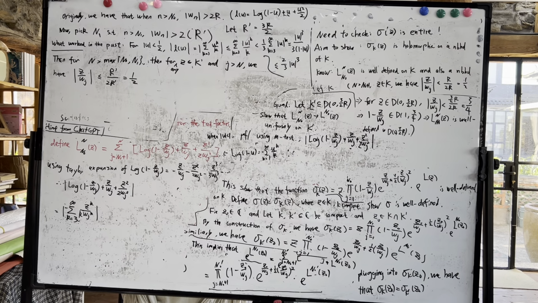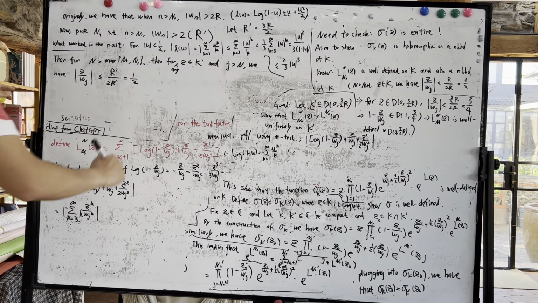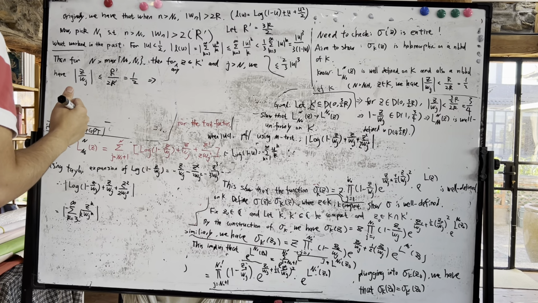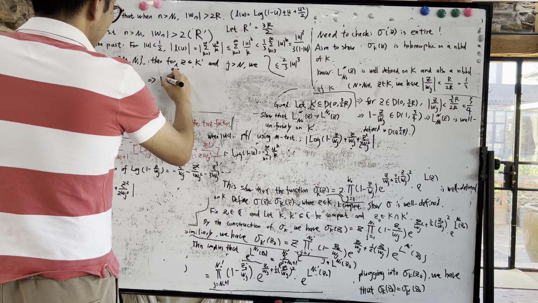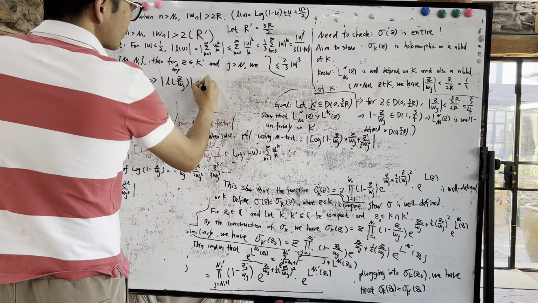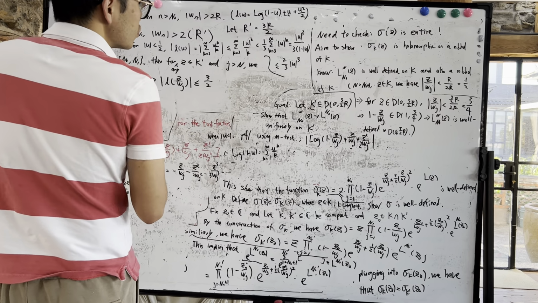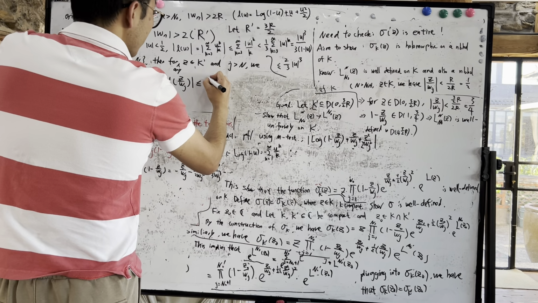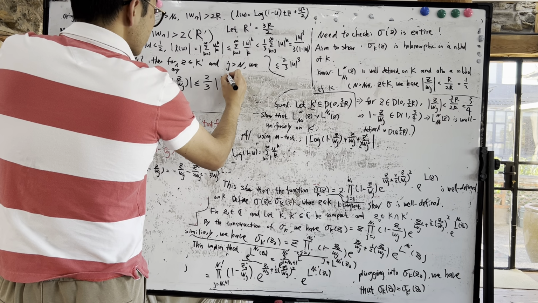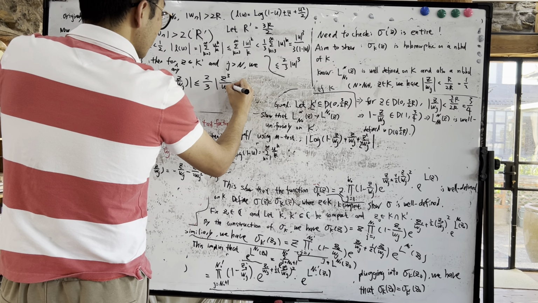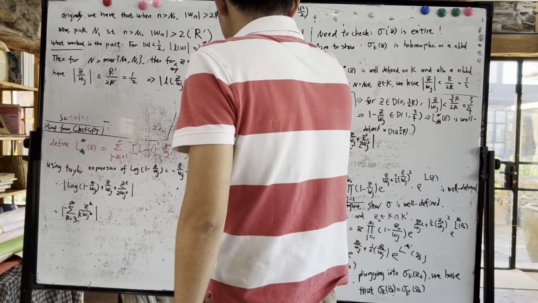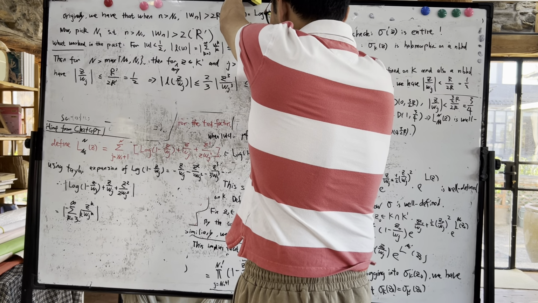Therefore, this implies that this little L of z over omega j, modulus, is less than or equal to 2 over 3 modulus u cubed, which is equal to modulus of z cubed over omega j cubed. So then, this is less than or equal to 2 over 3.